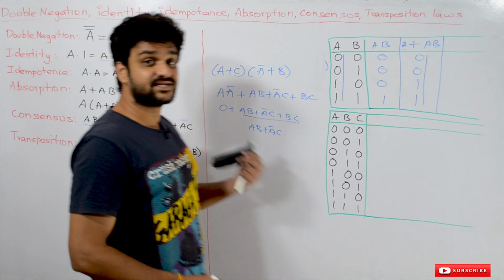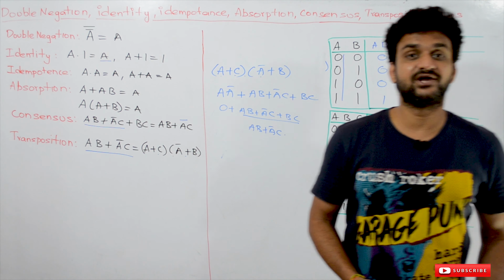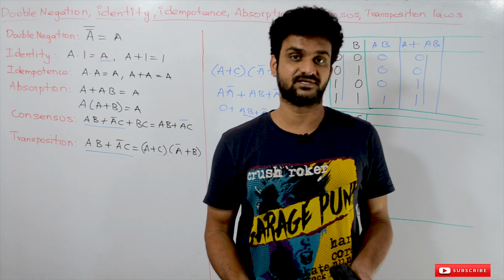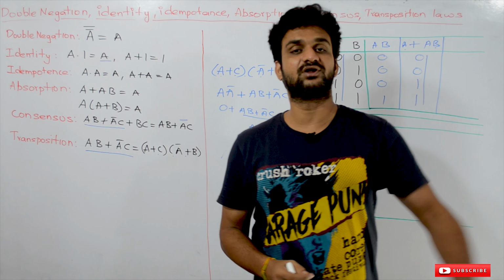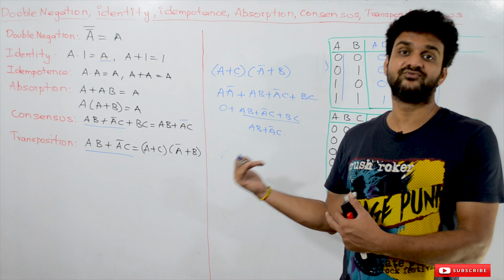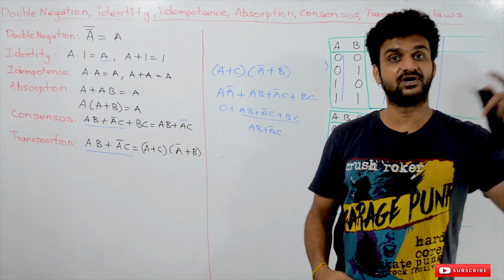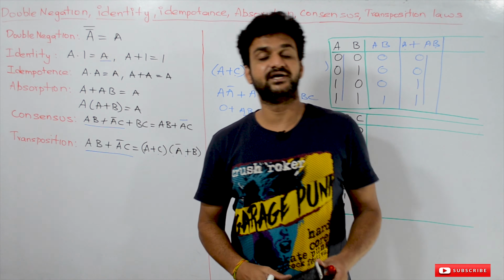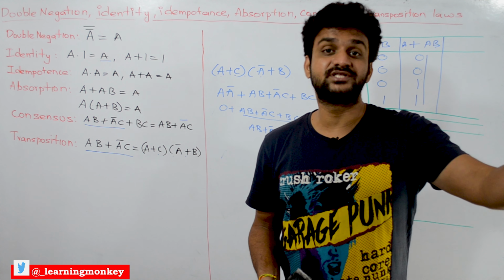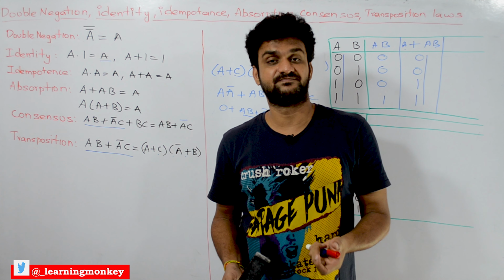All these laws and theorems that we are trying to understand will help us in reducing expressions, which we are going to discuss in later concepts. Why are we learning all this? In ordinary algebra also we learn theorems and laws in order to reduce algebraic equations.